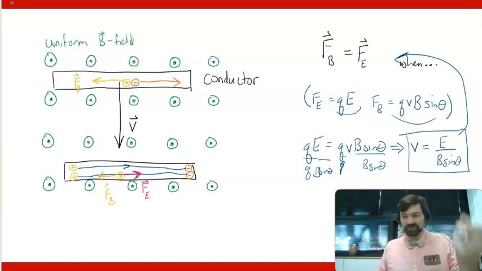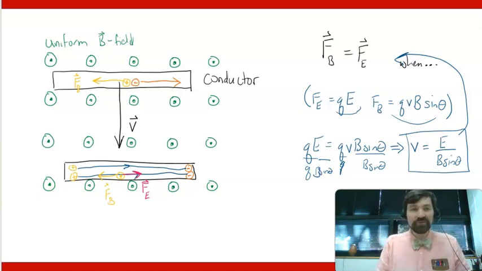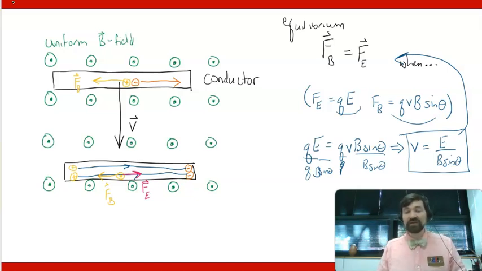I have to get some charge separation first, but that's fairly quick. And at this point, you have equilibrium. So this is equilibrium for the electrostatic and the magnetic force. Equilibrium means that this particle will no longer be displaced one way or the other anymore.